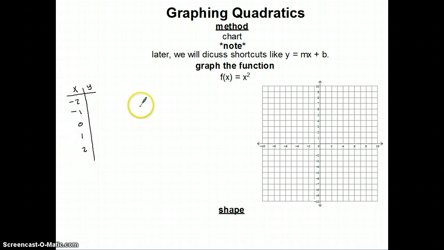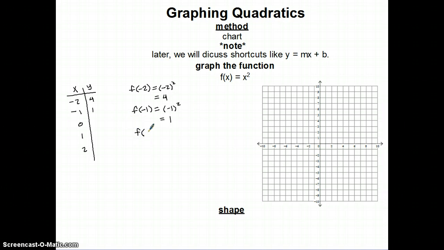And again, we're going to plug the x values into our function, so we're going to start with f of -2 equals -2 squared. And then we get a value of 4. Now we can solve for f of -1, and we get -1 squared, which ends up being 1.